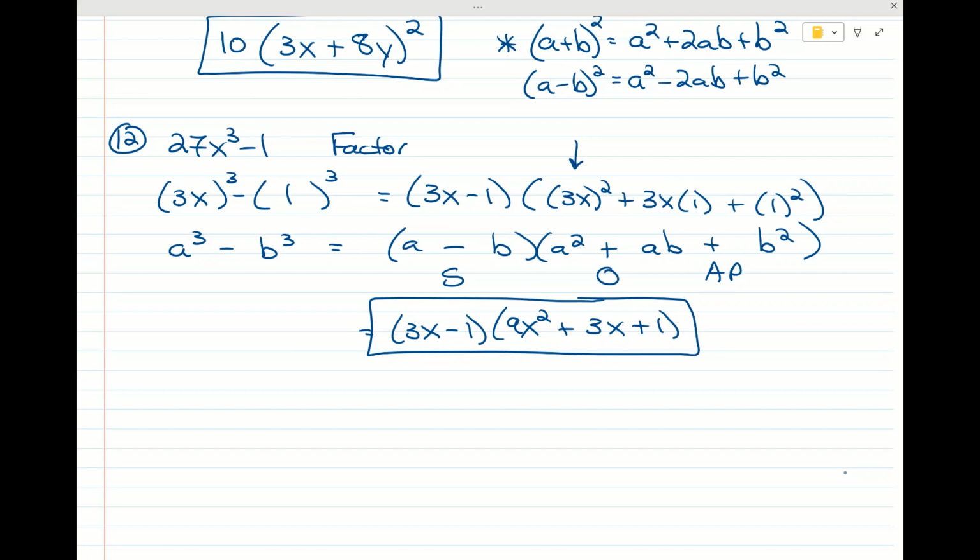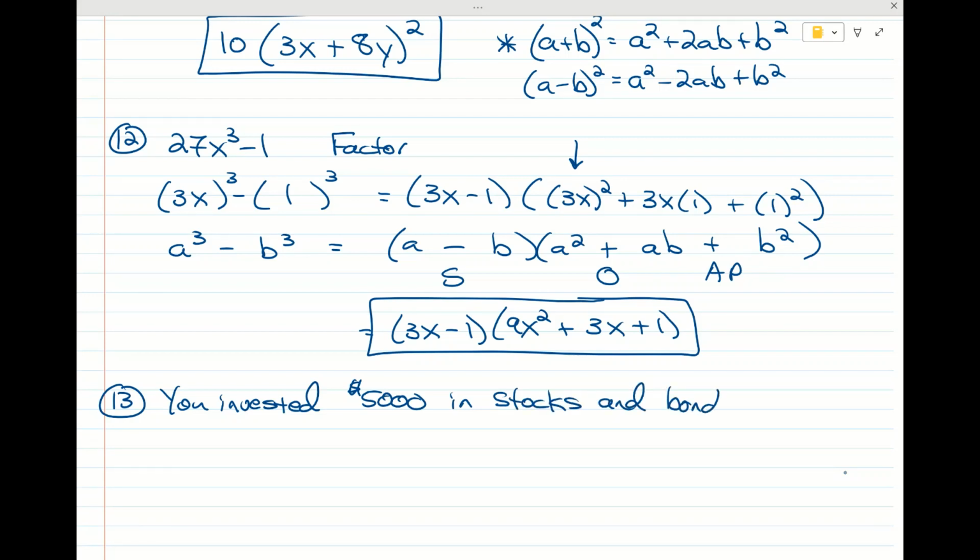And then we're going to finish with some word problems. Problem number 13 says you invested $5,000 in stocks and bonds. Stocks gave you 6%, and bonds gave you 10%.